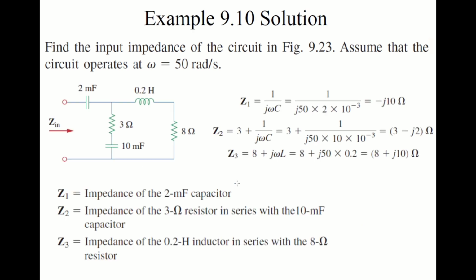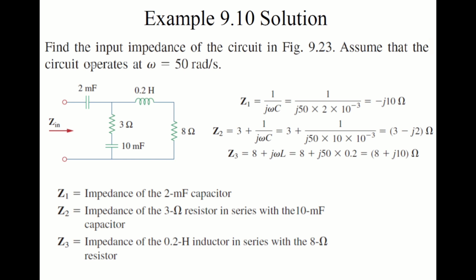So let's look into how we're going to solve this. The first thing you need to do is add up the series elements, which are the inductor and the resistor, and the resistor and the capacitor over here. For this example, we separate it into Z1, Z2 and Z3.